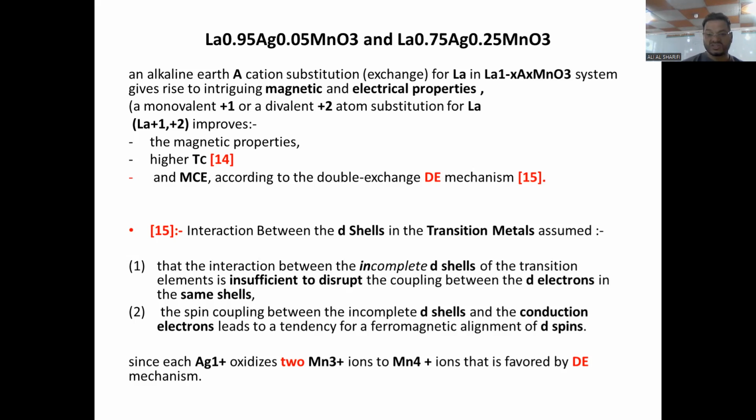disrupt the coupling between the electrons in the same shells. We have interaction between many d shells. Now we talk about this interaction between incomplete d shells, which means I have many shells of a transition element.